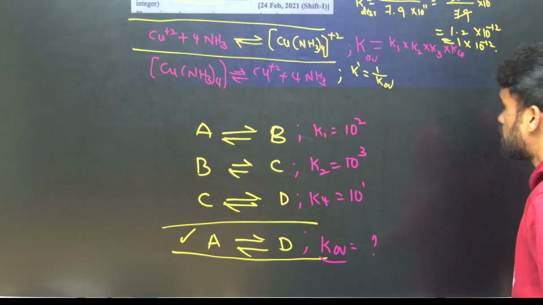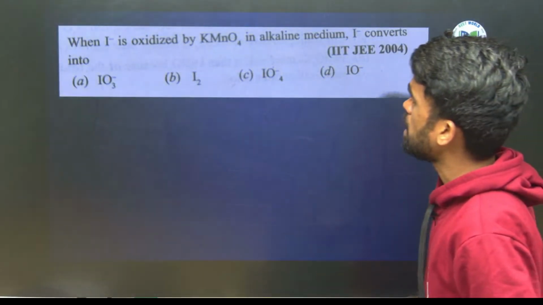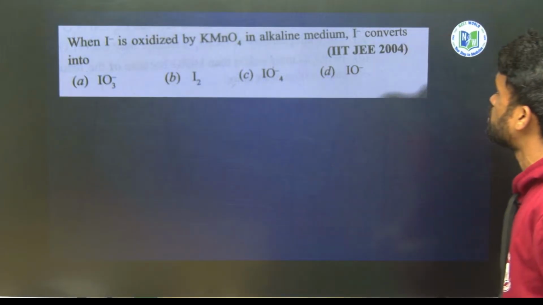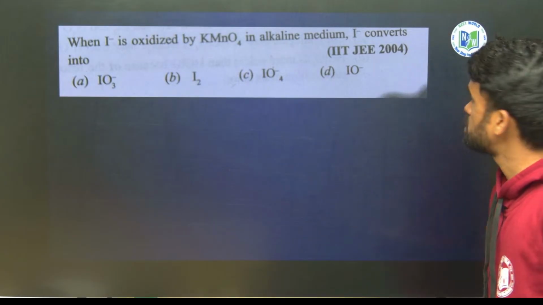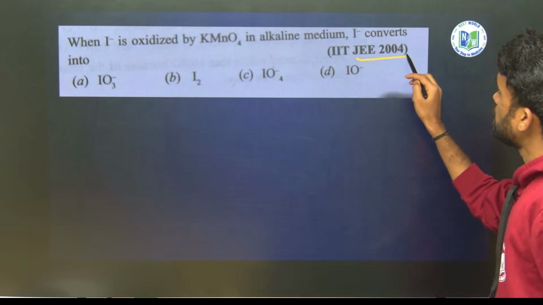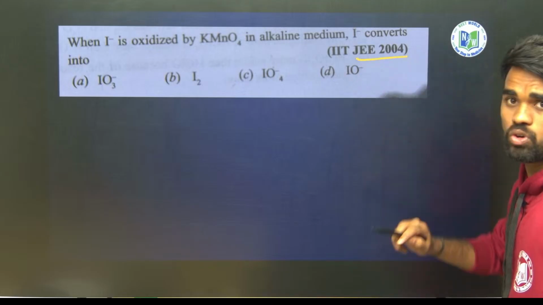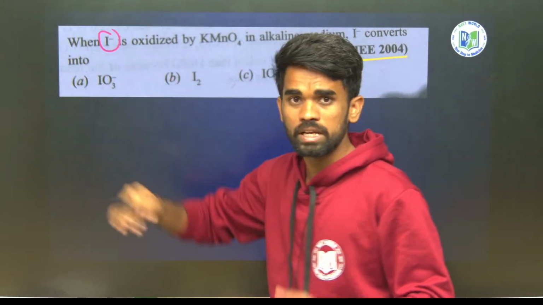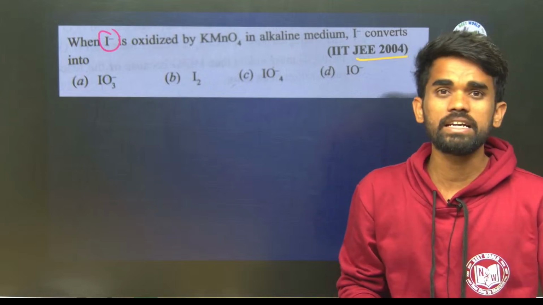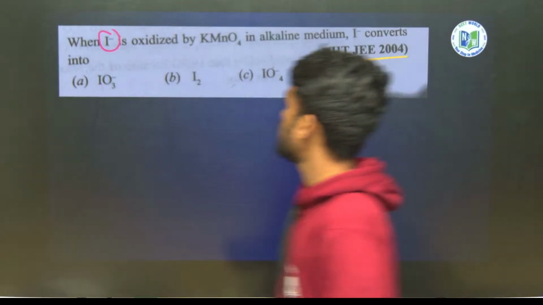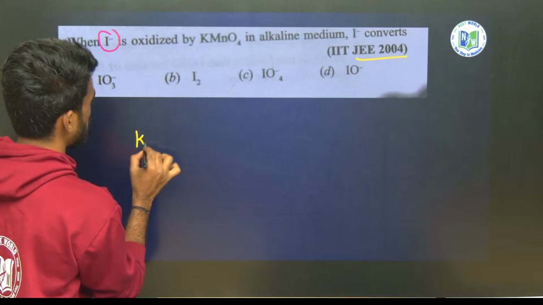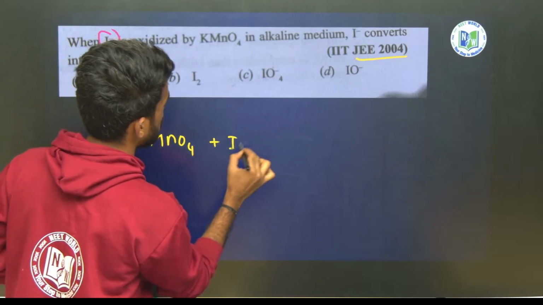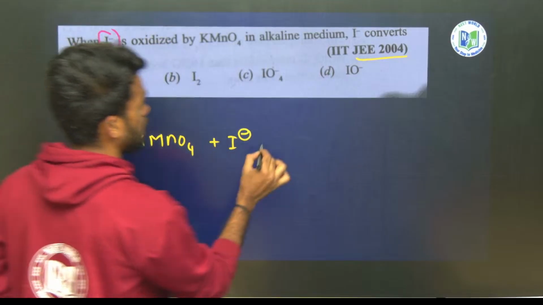Let us move forward. When I minus is oxidized by KMnO4 in alkaline medium, which form does I minus convert into? This is a JEE 2004 type question, and similarly this I minus came in the recent JEE Advanced also. The question says KMnO4 is treated with I minus in alkaline medium.